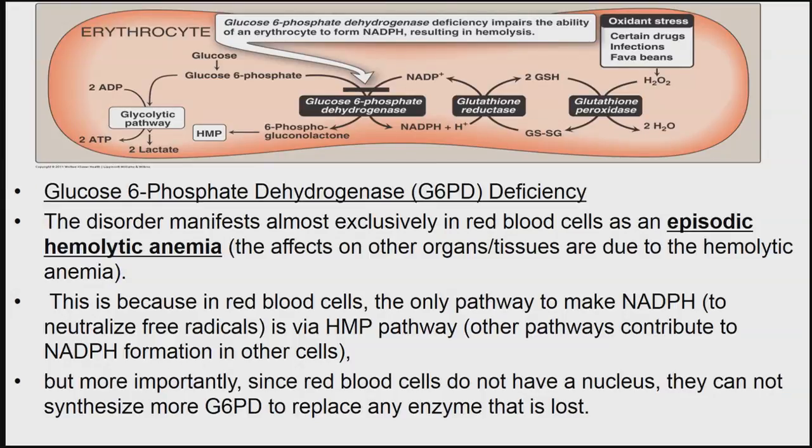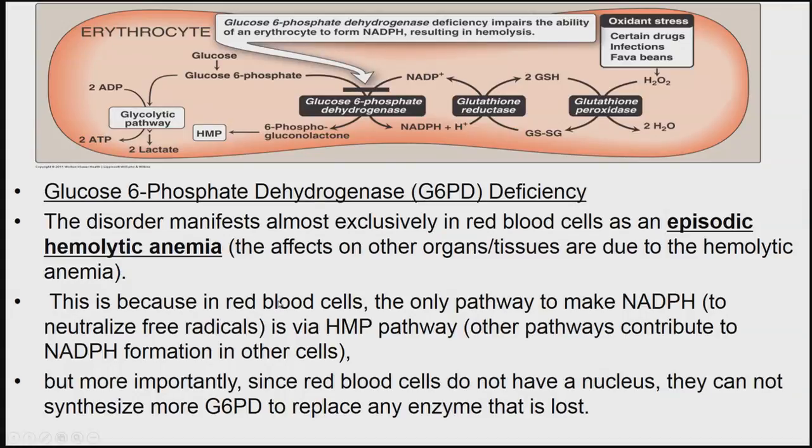It's not going on all of the time. So it's a hemolytic anemia, but it's also episodic, and that's going to be important if you're potentially trying to diagnose. Okay? So it's not going on all the time, and we're going to talk about the things that will actually precipitate the hemolytic anemia.